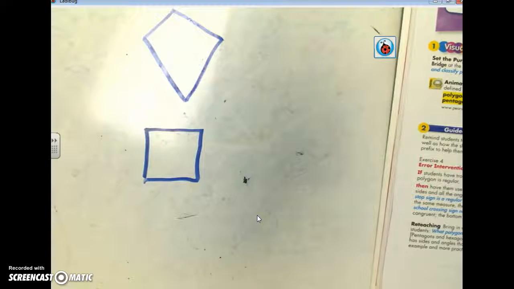And that's important to start to understand too, that when we have those different types of quadrilaterals, a parallelogram is not the same as a trapezoid. Just the same as a square is not the exact same thing as a rectangle, right? Or a rectangle is not the exact same thing as a square.